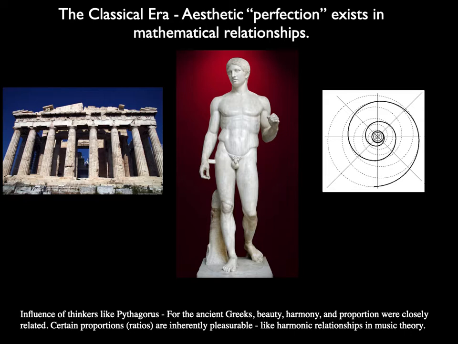However, if you look a little deeper, you see that underlying all of the images that come to mind when you think about the classical Greek tradition, underlying all of that is a basis that's rooted in pure abstraction. The notion that aesthetic beauty lies in these proportional relationships between things.